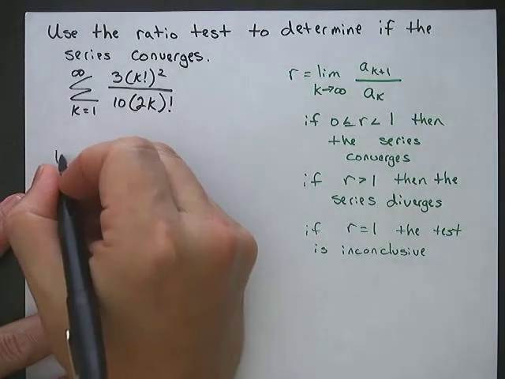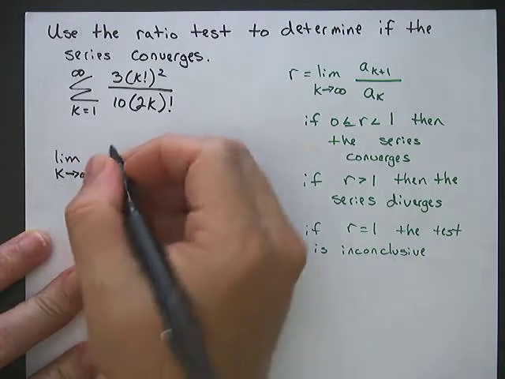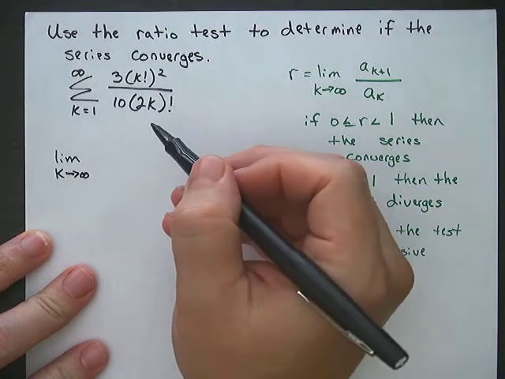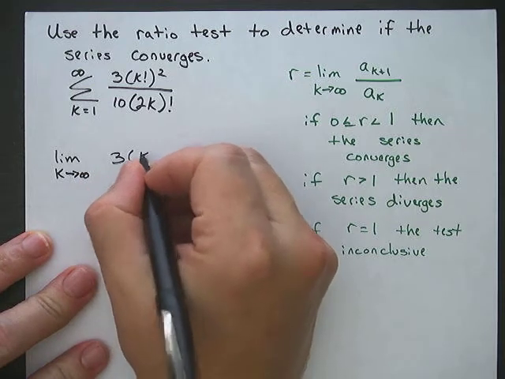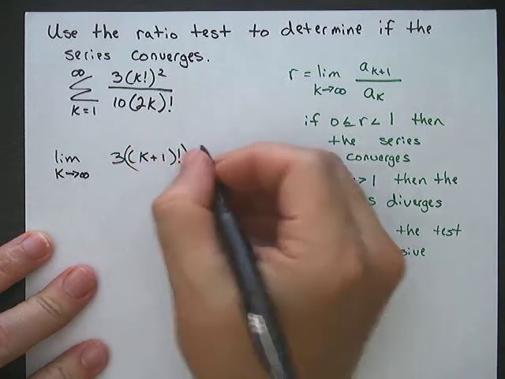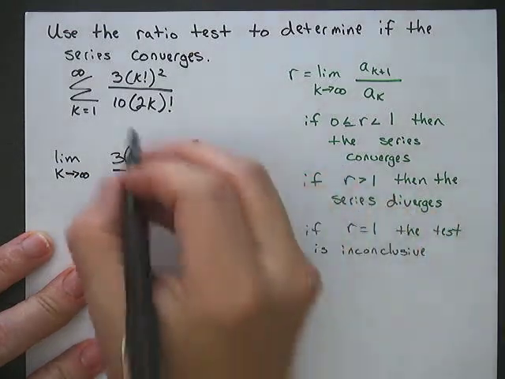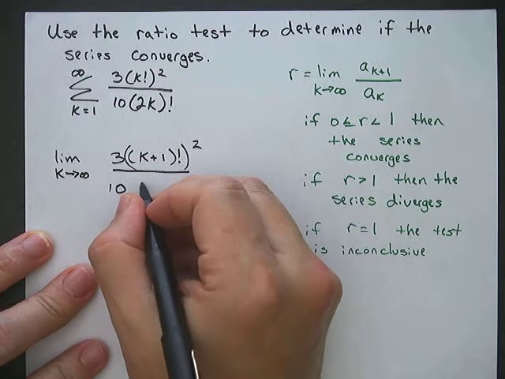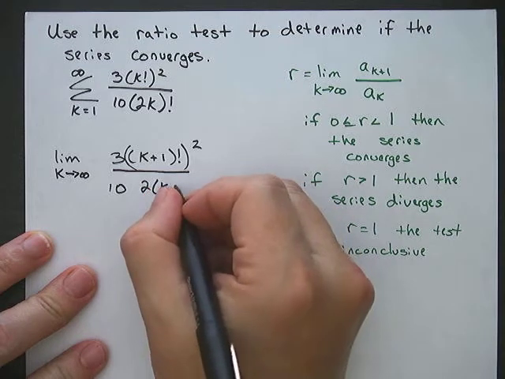Let's take the limit as k approaches infinity. We're going to write this, except everywhere we see a k, we're going to put a k plus 1 in its place. Okay, so it's 3, and instead of k factorial, I'll have k plus 1 factorial, and let me make sure I put another parenthesis so that can get squared, divided by 10, and instead of 2k, we'll have 2 times k plus 1.